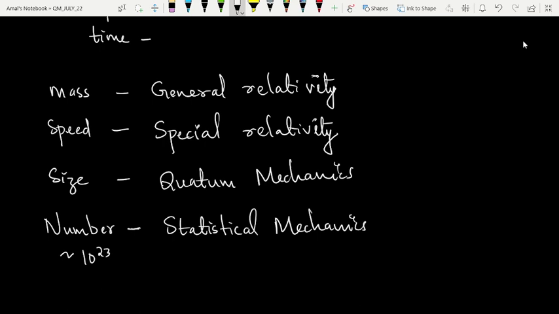When we go beyond some range of length, time, mass, speed, or number of particles, we need more general theories, more general extensions of classical mechanics. So that is why we need some other study, another perspective of looking at things other than classical mechanics.